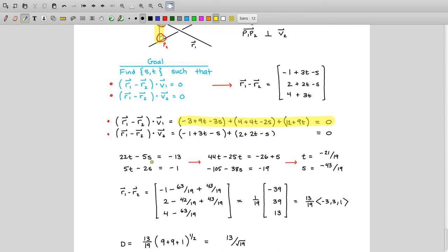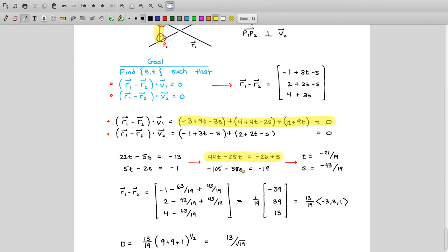You simplify the equations down here, and then I'm doing a few steps in my head here. I'm taking 2 times this equation minus 5 times this equation, which cancels out the s's. All right, and so 2 times the first equation minus 5 times the second equation gives me this equation, which s is missing.